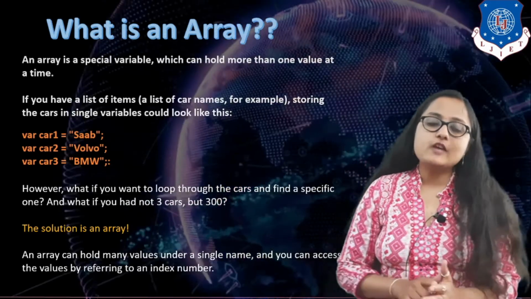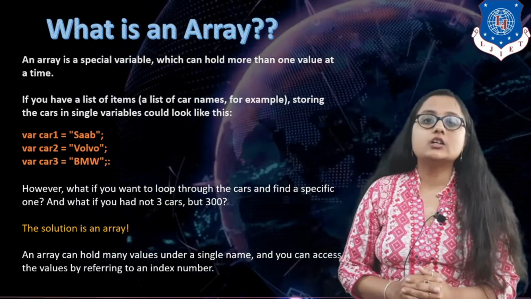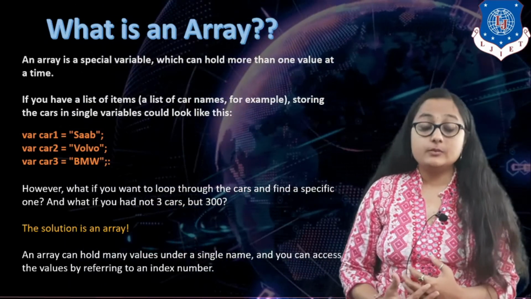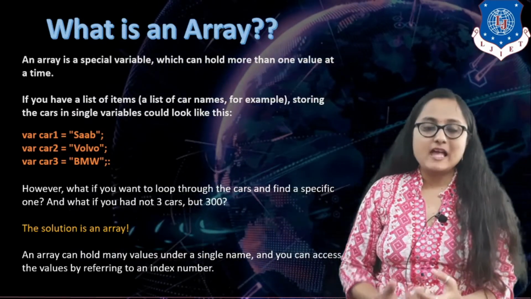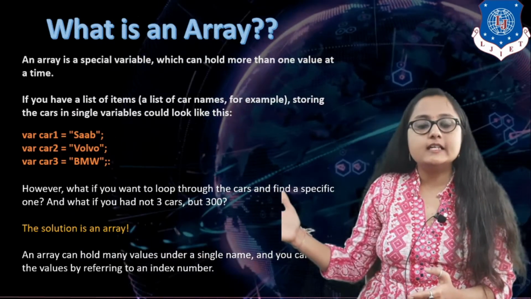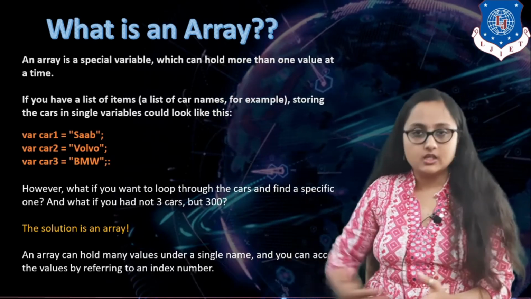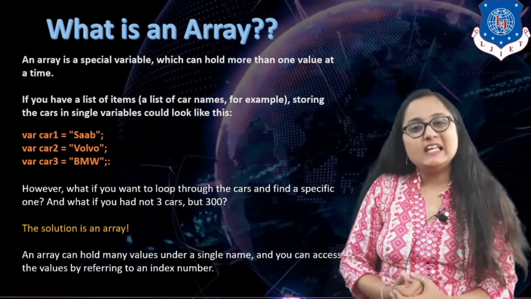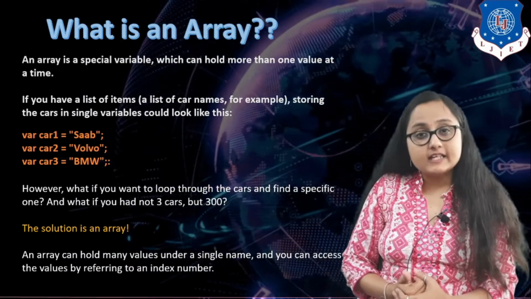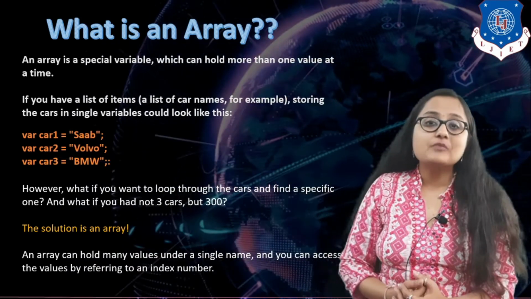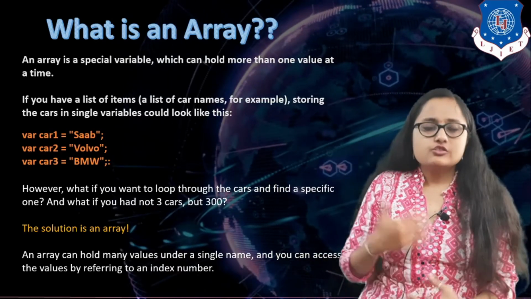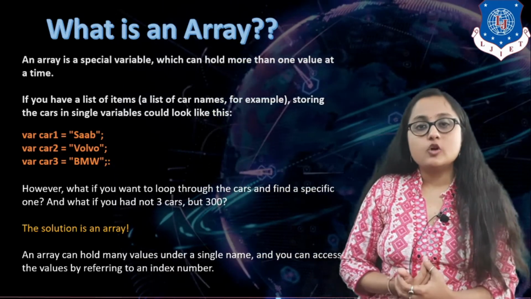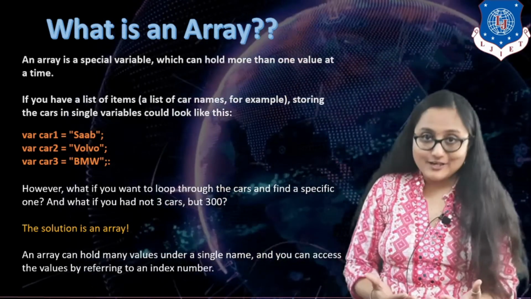So the first value that you store in the array will be assigned index number 0, and accordingly in increasing manner 1, 2, 3 for the other values. So you can access any data from that array using the index number.